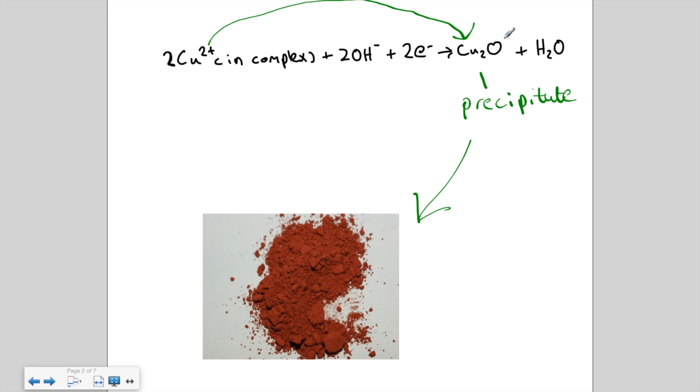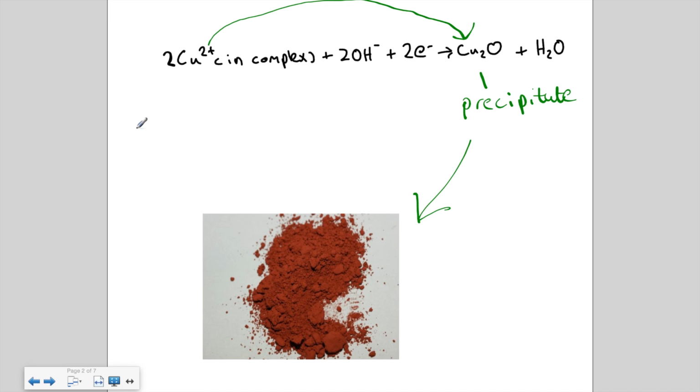Oxygen has a -2 charge, so this must be +1. It's gone from +2 to +1, so it must have gained a negative charge, or gained an electron. We call that reduction.